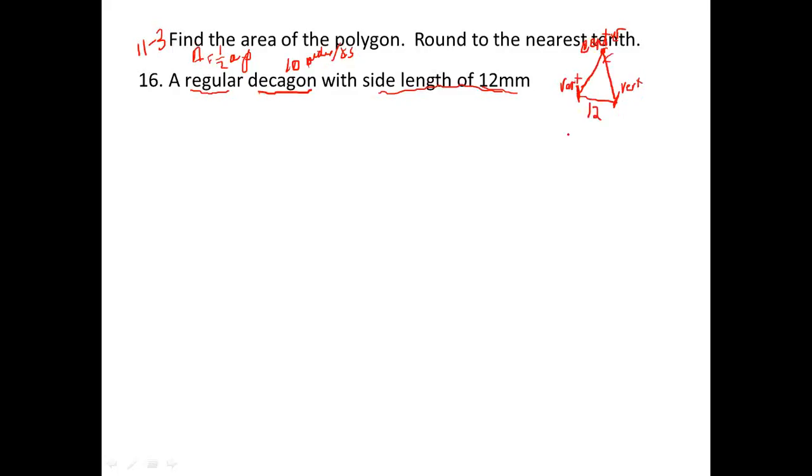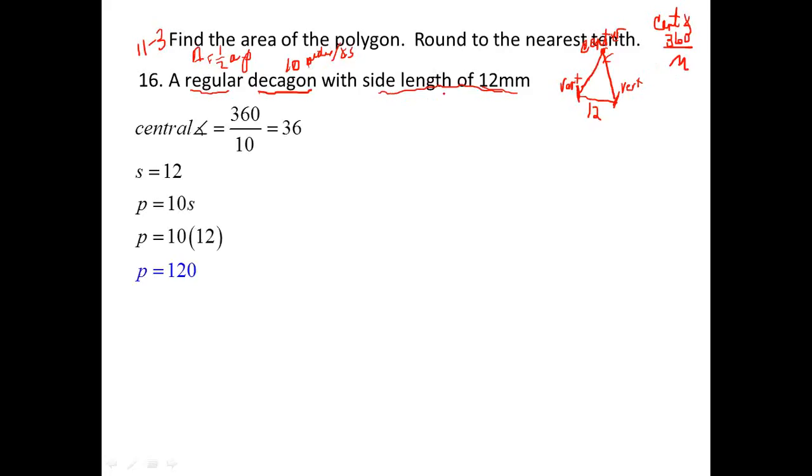We know this is 12. I don't know what the central angle is. Central angle is 360 divided by the number of sides. So in this case, it's 360 divided by 10 gives me 36. That's 36. I do know this information, so I can get my perimeter because I needed it.